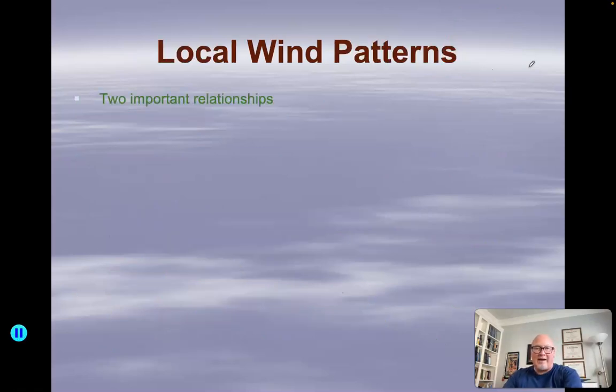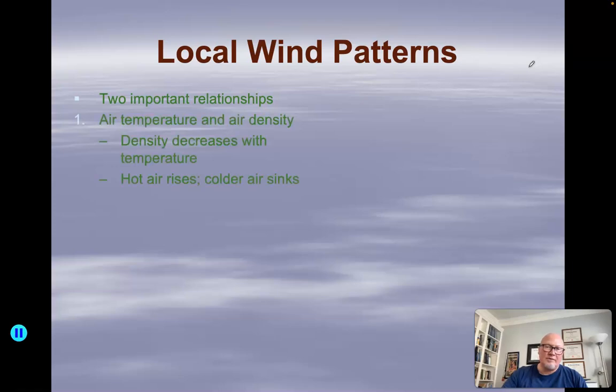So, local wind patterns. We have a couple of important relationships that will relate to local wind patterns: air temperature and air density. Density decreases with temperature. Hot air rises, cold air sinks.